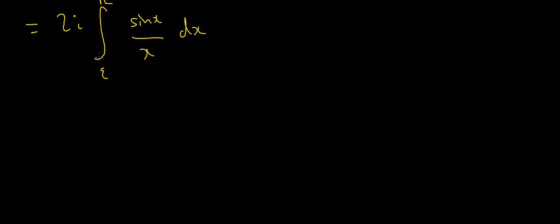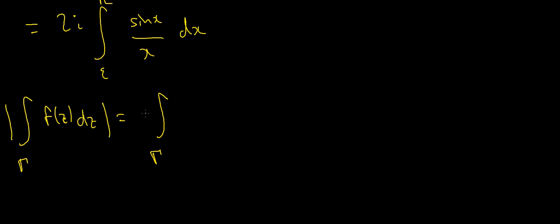Let's see here. So I want to look at the integral over big gamma of f of z dz. So what is that? That's the absolute value of the integral of e to the iz divided by z dz, taken over the arc gamma.